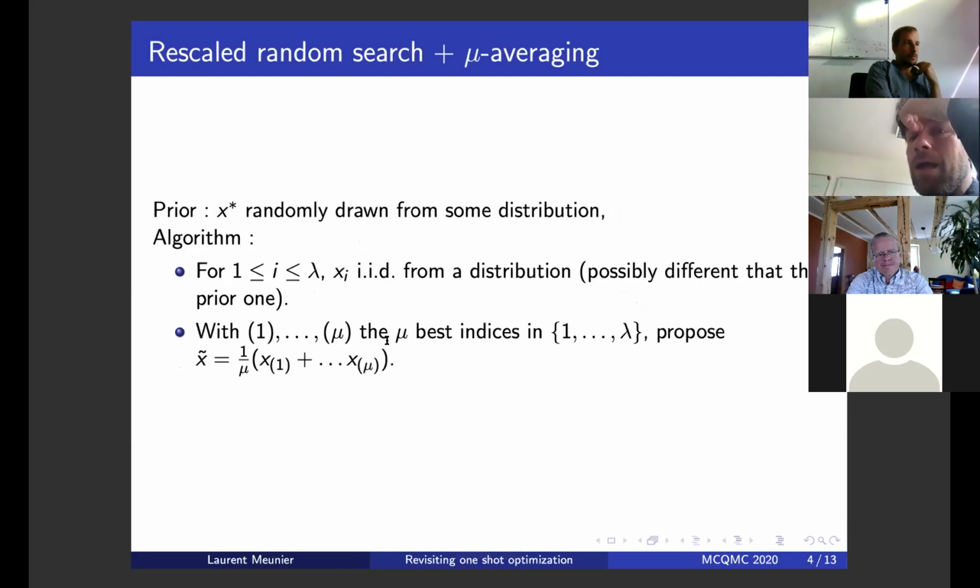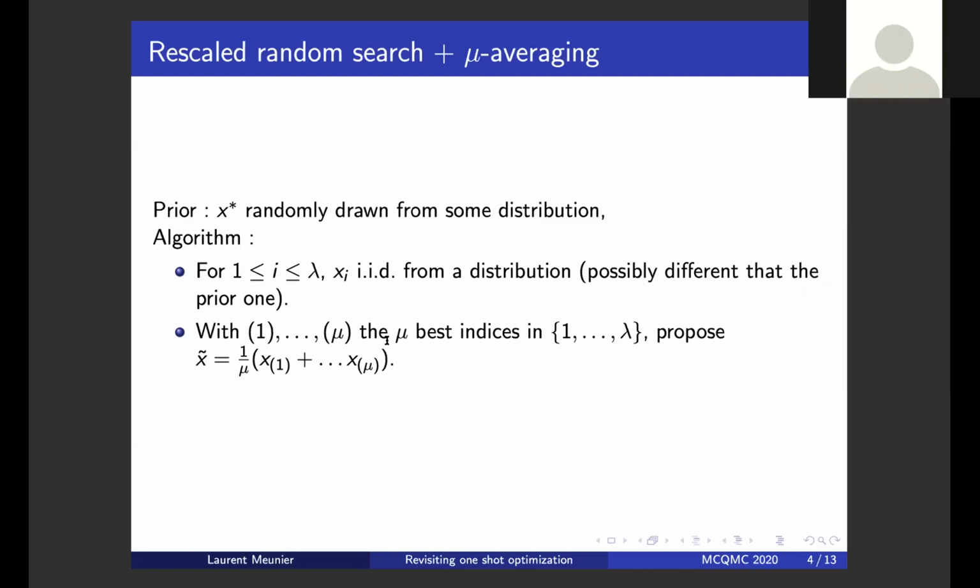So the strategies we will study are the following. We will have a prior on x star: we don't know exactly where x star is located, but we have some assumption on that. For instance, we can assume that it's drawn from some distribution. We also suppose that the xi are IID sampled from some distribution that we will define, and this distribution might possibly be different from the prior distribution.